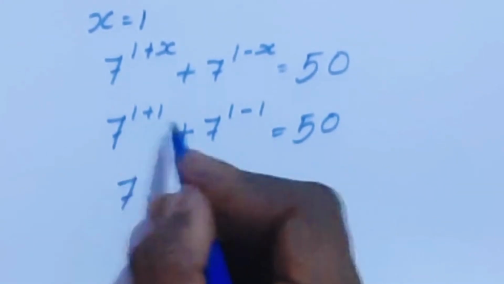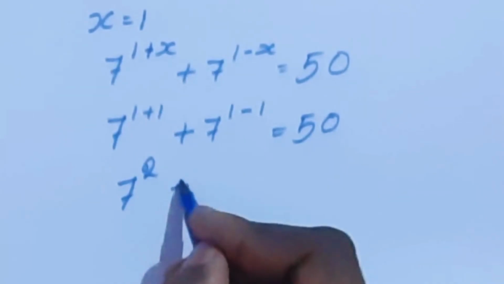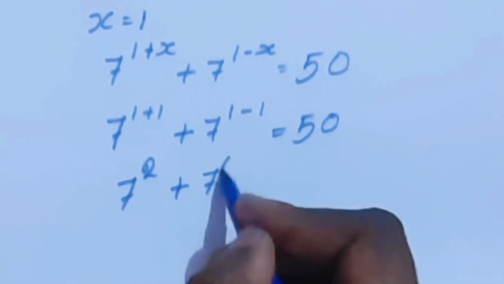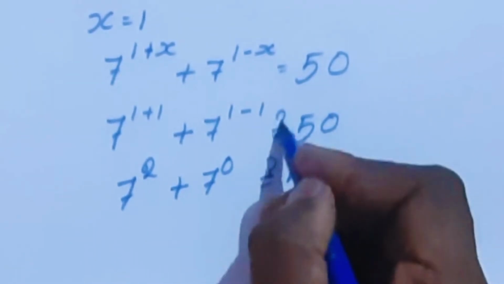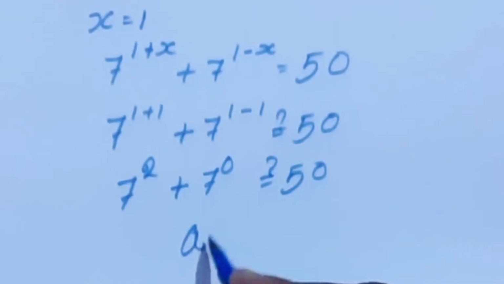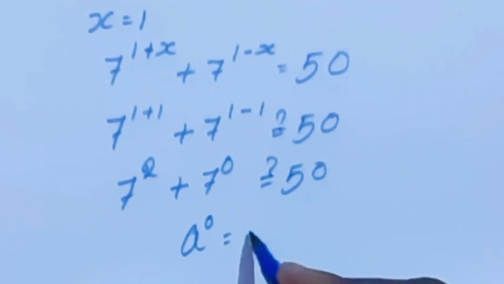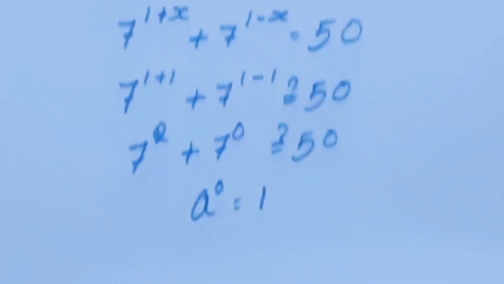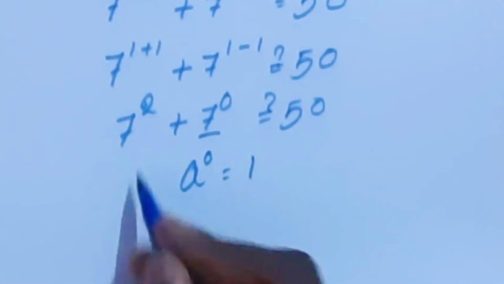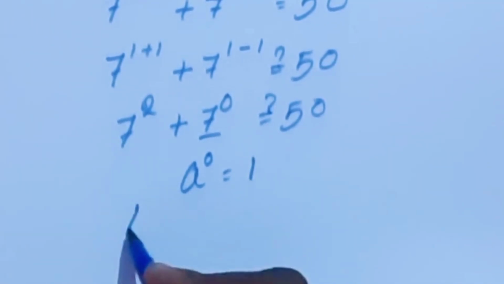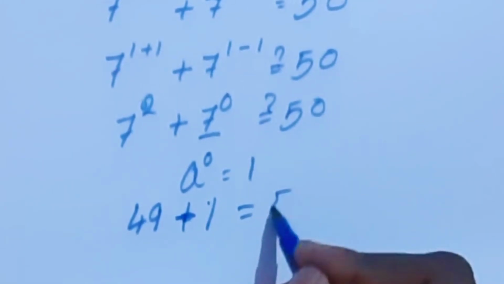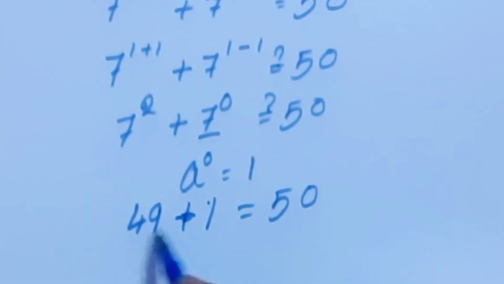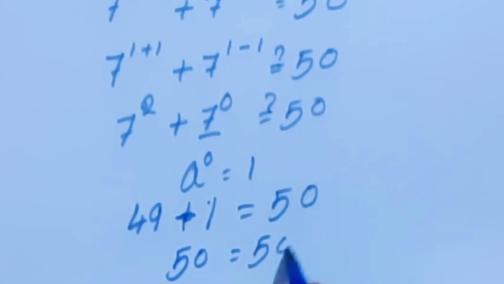Now 7 power 1 plus 1 is 2 plus this is 7 power 0 equal to 50. Now, as per this, 7 power 0 is 1. Now we are going to apply this here. So here 7 square is 49 plus 1 equal to 50. Here 49 plus 1 is 50 equal to 50.